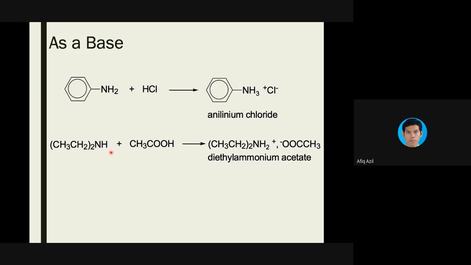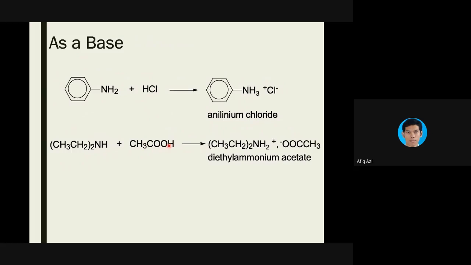And then this is a secondary amine, diethylamine. You have two ethyl groups attached to this nitrogen. This is an aliphatic amine reacting with a carboxylic acid, another type of acid. This is a strong acid, and this is a weak acid.